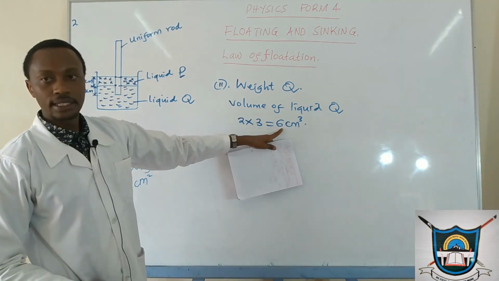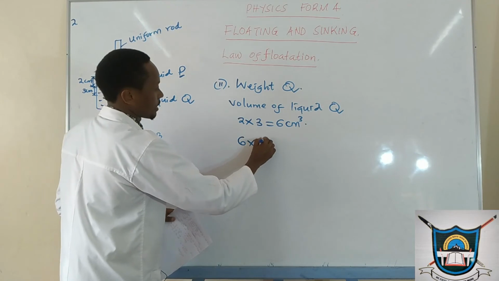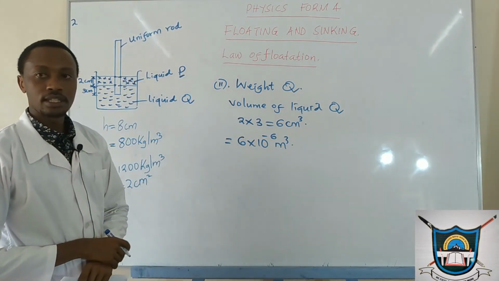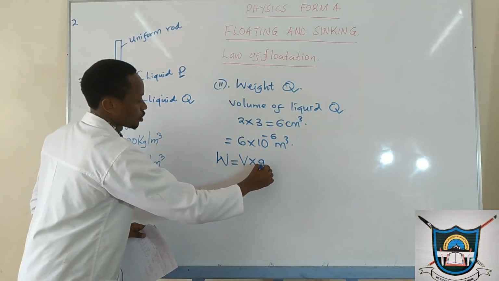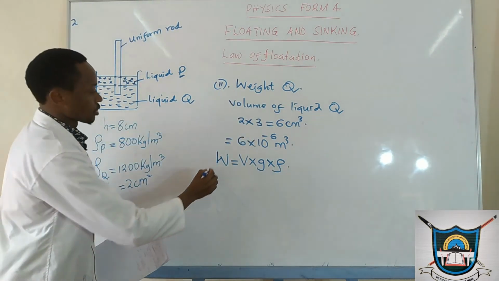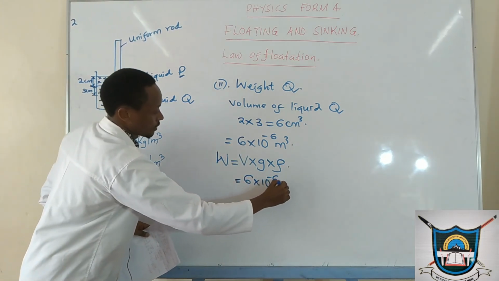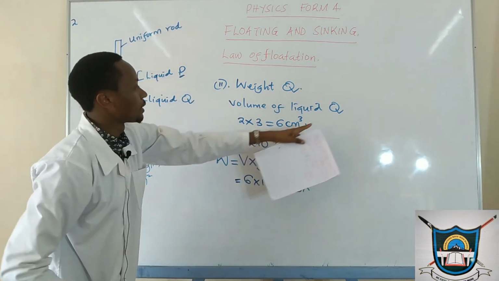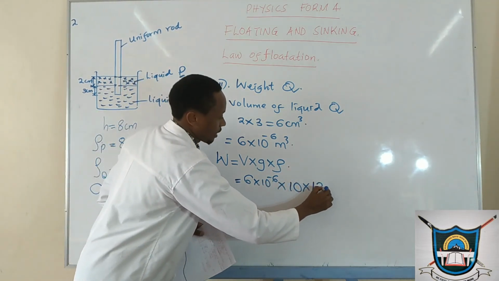Now let's convert this into cubic meters. So it is 6 times 10 raised to power negative 6 cubic meters. We want to get the weight. We know that weight is given by volume times g times density, and it is the density of liquid Q. So our weight will be given by 6 times 10 raised to power negative 6, times g, which is 10, times the density of liquid Q, which we had in our question, which is 1200.